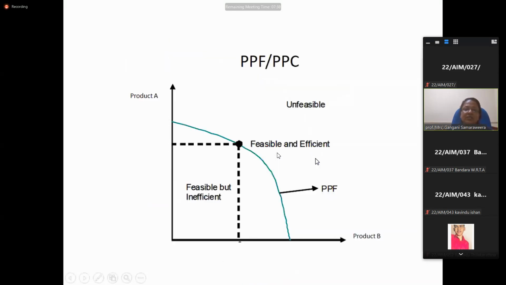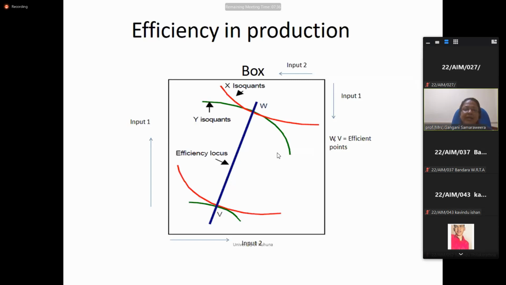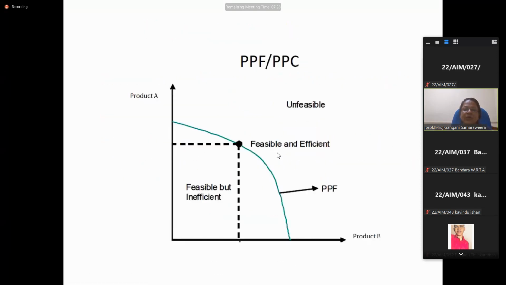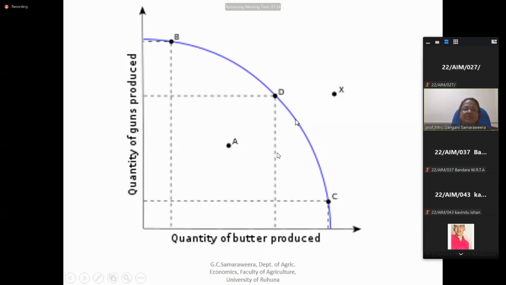Because we took these points by combining these efficient locus. Understood up to now? How to derive this with efficient points? Okay. Then if these points are efficient, the points in the middle are not efficient.